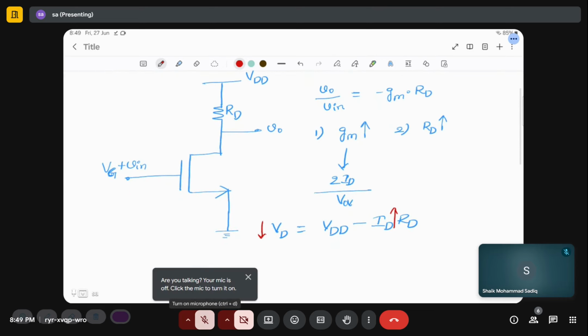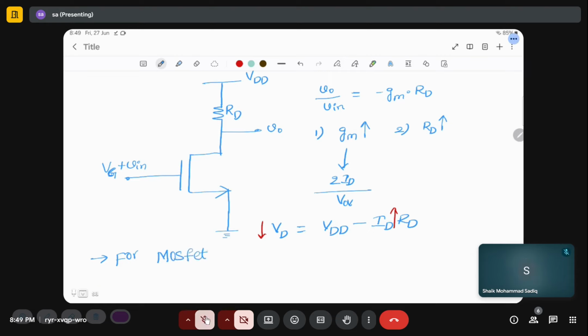VD can go down to one VT only. Edge of saturation. What is that condition? VD equals VG minus VT.